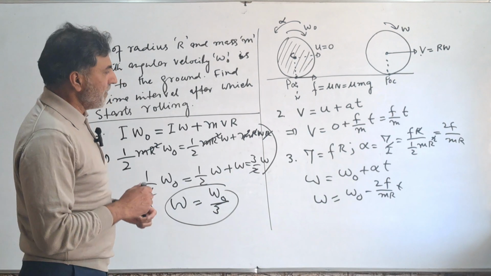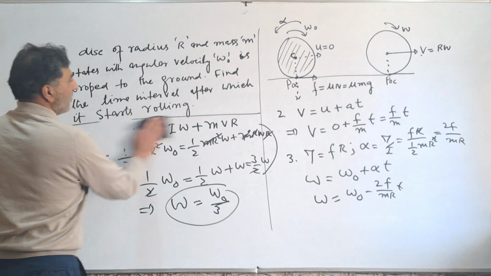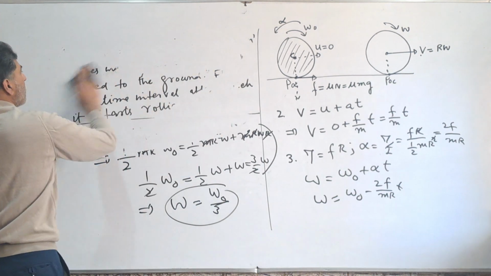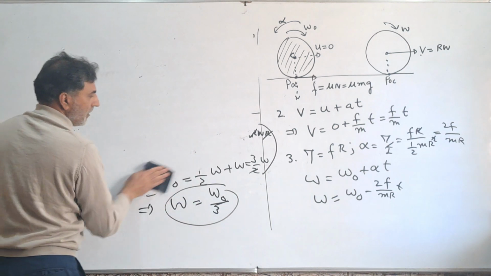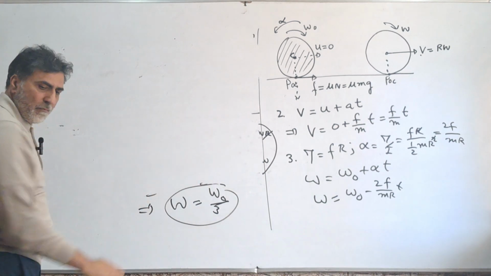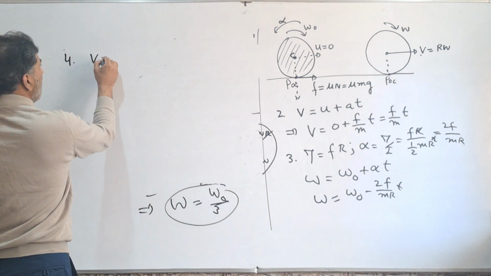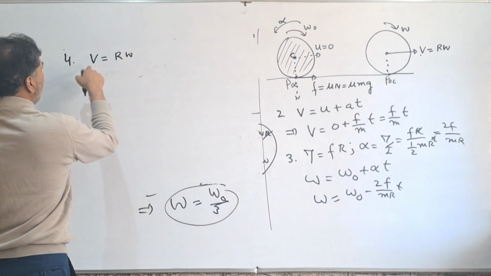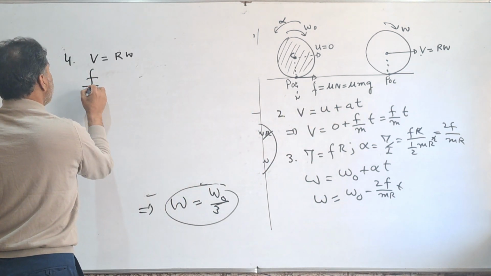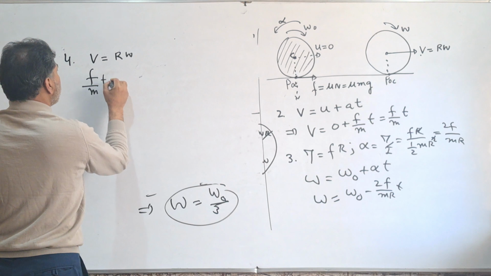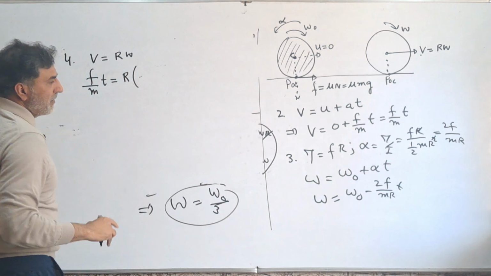Now, fourth step is what? Let me go to the fourth step. Fourth step is v, final velocities or omega. Now what is v? That's f by m t. R is r, and what is omega?